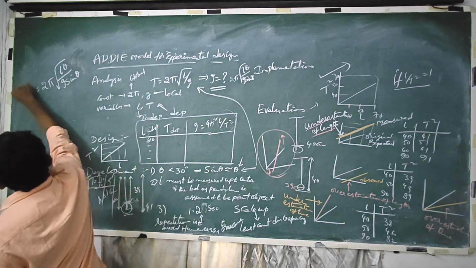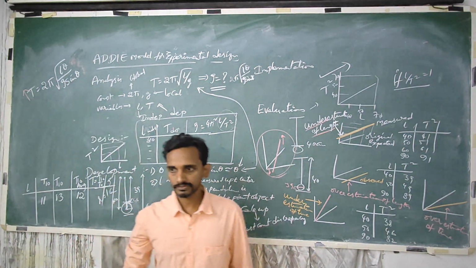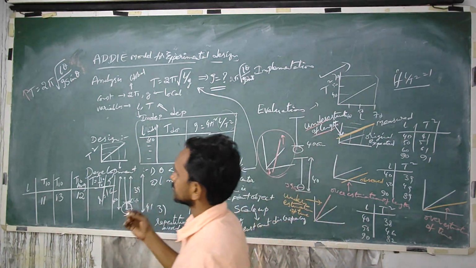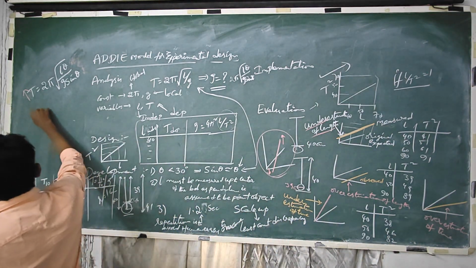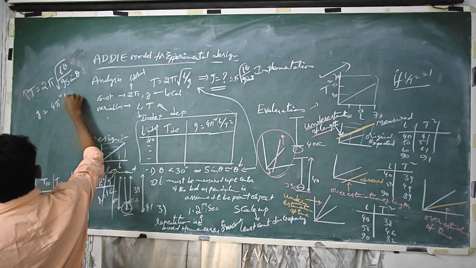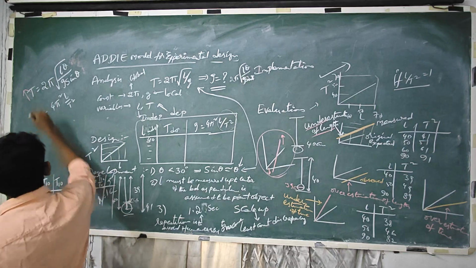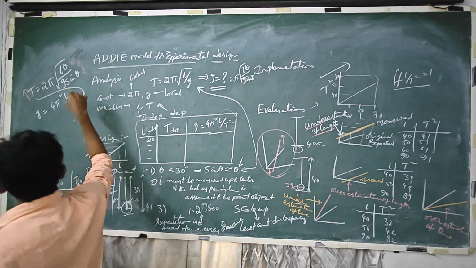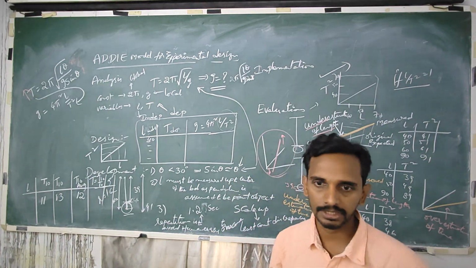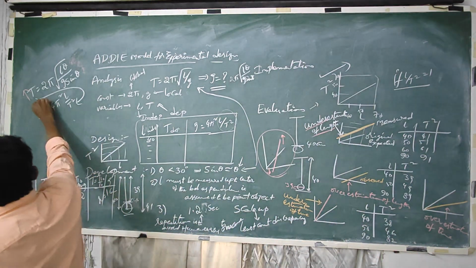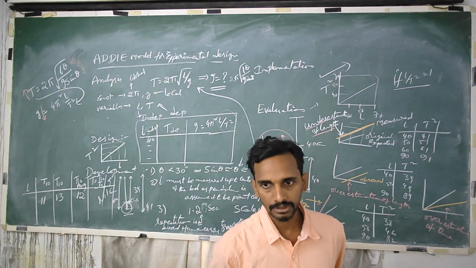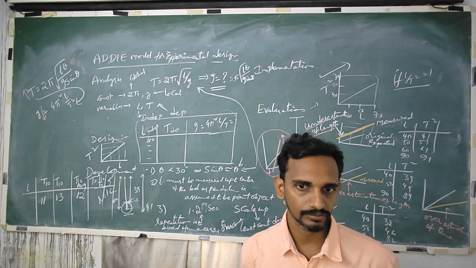So time period increases when theta is very large. For the calculation of g, we are taking 4 pi square L by T square, and we are substituting the higher projected value of T in the denominator. So ultimately, the value of g that you calculate using a long stretched pendulum will fall down.